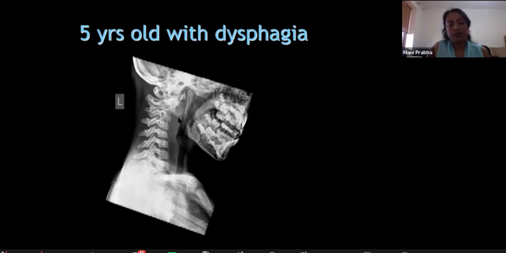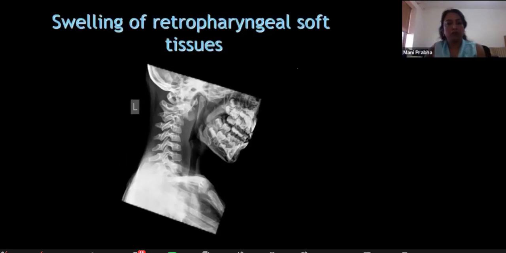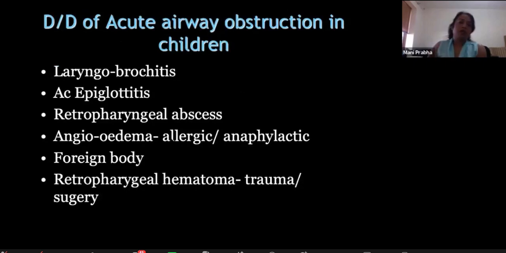So as you said, there is widening of the retropharyngeal space or the prevertebral space. So the differential diagnosis would include all retropharyngeal soft tissue thickening ones. Sure. Obviously, acute epiglottitis will not fit, and laryngobronchitis in this one.